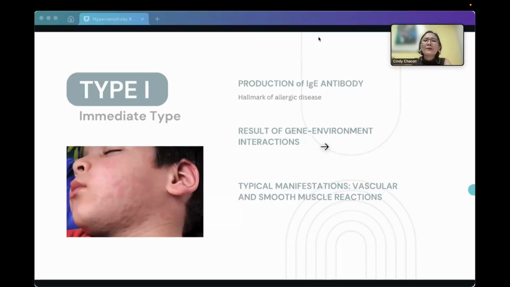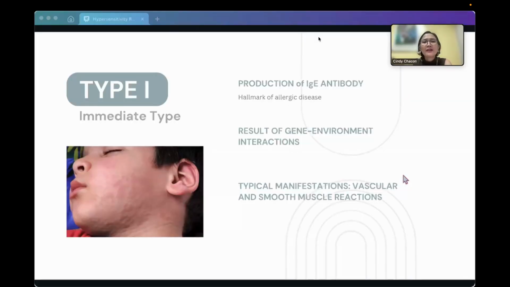So the type 1 hypersensitivity reaction, as I mentioned, is an immediate reaction and it is IgE mediated. The hallmark of allergic diseases actually is the production of your IgE antibody, which is dependent on the activation of your IL-4 producing helper T cells.